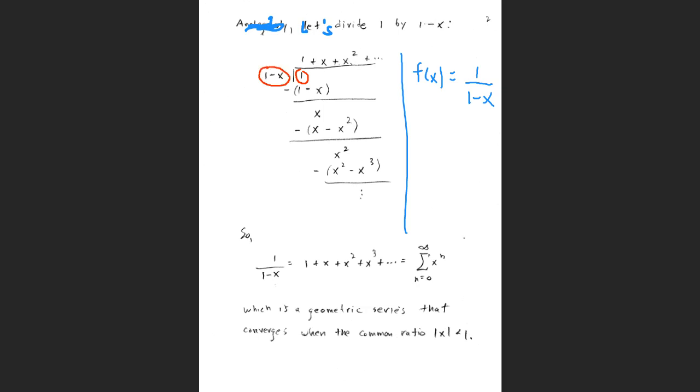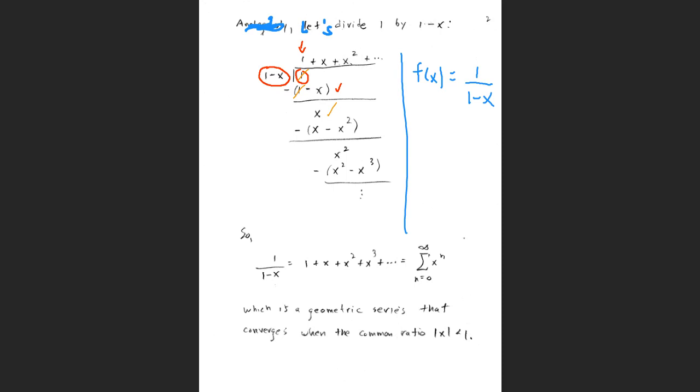Well, how many times does 1 minus x go into 1? It goes in 1 time, and 1 times 1 minus x is 1 minus x. Well, we're going to subtract that 1 minus x, and when we do that, nice things happen, because the 1s simplify out, and you're left with x.